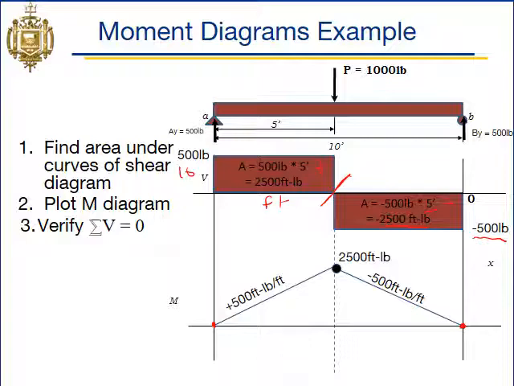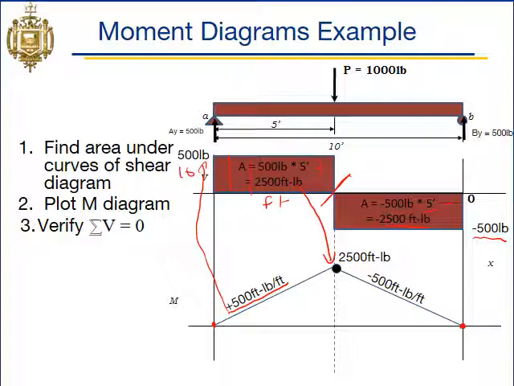Because our area here is 2,500 foot-pounds, our moment is going to go up to a value of 2,500 foot-pounds. The slope of our line here is equal to the magnitude of the shear directly above it. Each 1-foot section of this block is 500 foot-pounds, so our slope is 500 foot-pounds per foot.